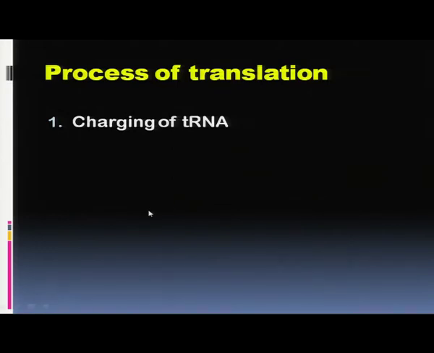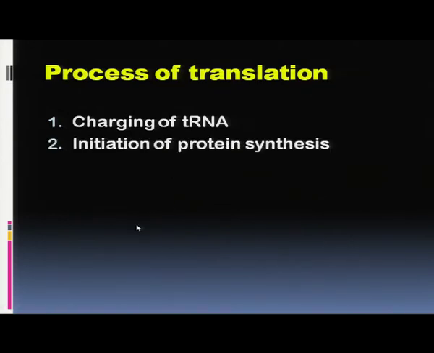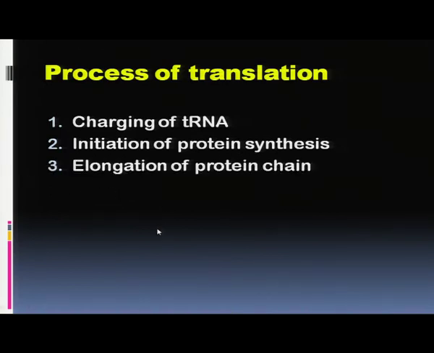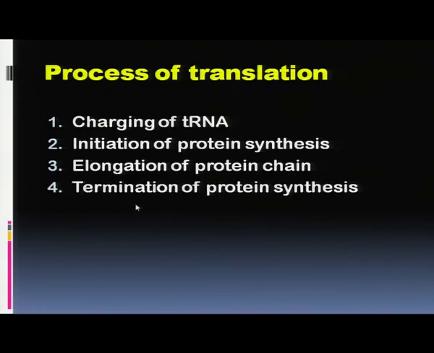The first one is charging of transfer RNA, the second is initiation of protein synthesis, the third is elongation of the protein chain, and the fourth is termination of protein synthesis. Charging of transfer RNA means that, depending on the anticodon of the transfer RNA, the amino acid will be added to the 3 prime end of the transfer RNA, and the binding of the amino acid at the 3 prime end of transfer RNA is called charging of transfer RNA.